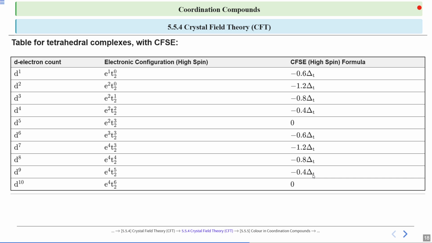If you observe the pattern, the d1 CFSE and the d6 CFSE are similar. Similarly, d2 and d7 CFSE are similar, d3 and d8 CFSE are similar, and d4 and d9 CFSE are also similar, right? You can predict this by using the formula for the CFSE calculation.